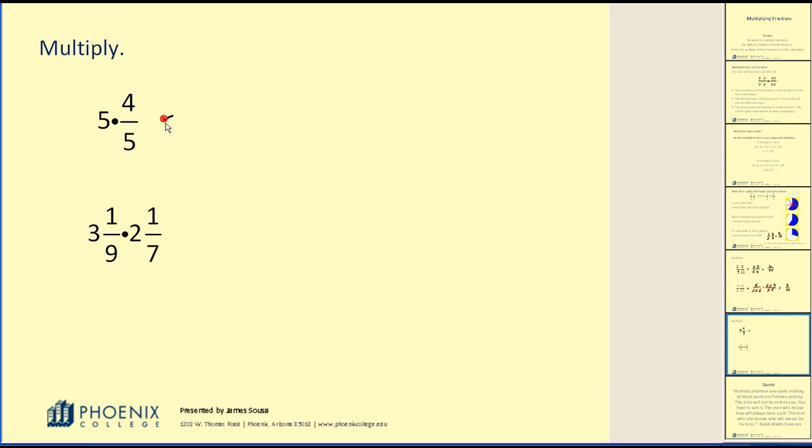So we have to rewrite this. In order to make 5 a fraction, we can write 5 over 1 times 4/5. And we can easily see now there's a 5 in the numerator, a 5 in the denominator that will simplify. So our remaining factors, 4 over 1, which of course is just 4.